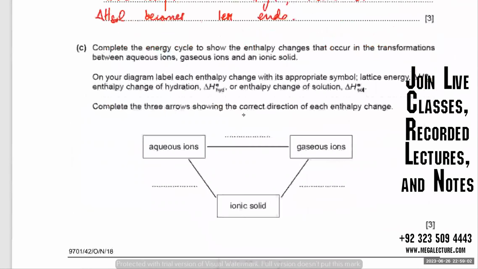Can you state the direction of the arrow and what I should write over here? What are you going to label this? It would be from gaseous to aqueous. And what is it called? Delta H hydration. Yeah, that's your delta H hydration.